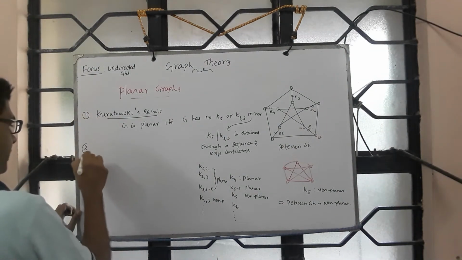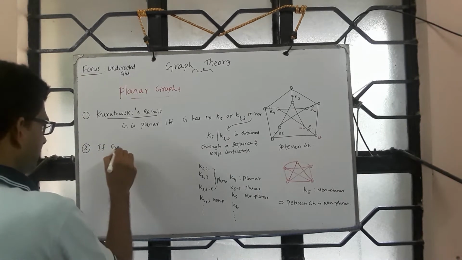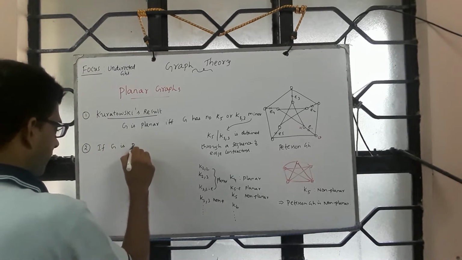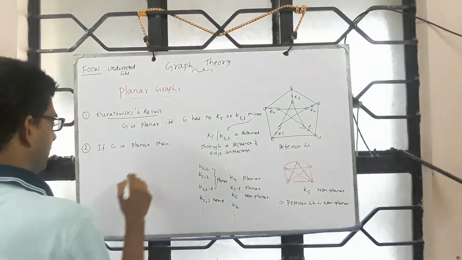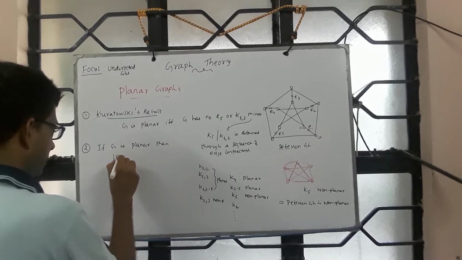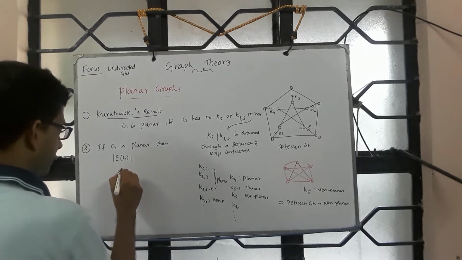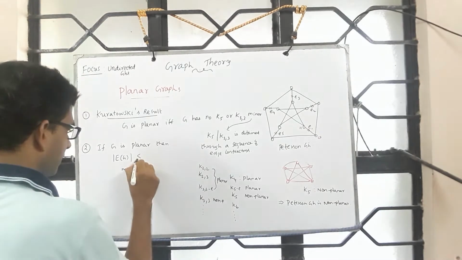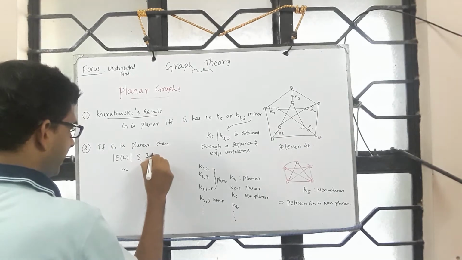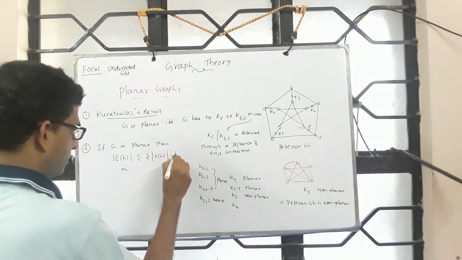So this is one result. There are other interesting results. If G is planar, then the number of edges, okay, we call this number M usually, is at most 3 times the number of vertices minus 6.